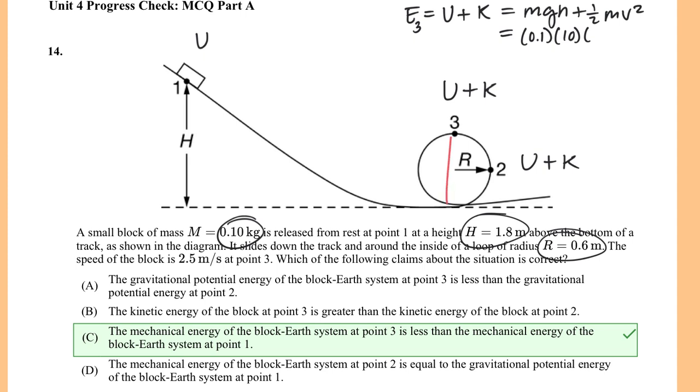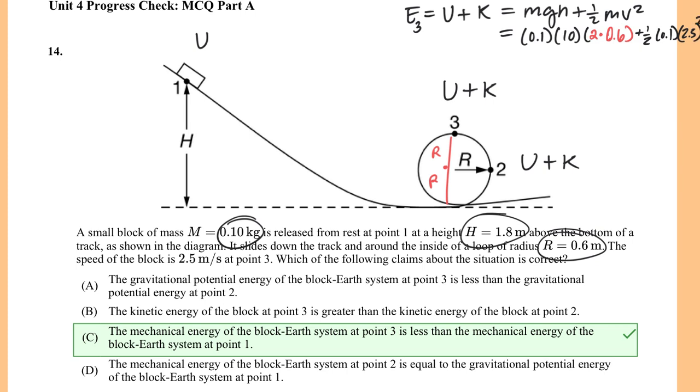It's 2r because radius plus radius will be 2r. So it's going to be 2 times 0.6 meters plus 1/2 of 0.1 times v squared, which is 2.5 meters per second, squared.